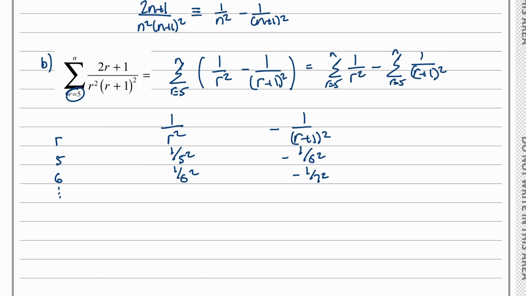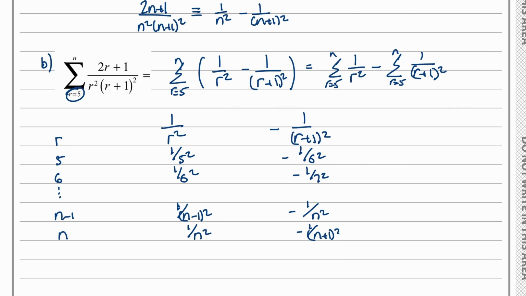And then we'll have the penultimate term, n minus 1, so 1 over n minus 1 squared minus 1 over n minus 1 plus 1, 1 over n squared. Then we'll have a final term, which will give us 1 over n squared minus 1 over n plus 1 squared.